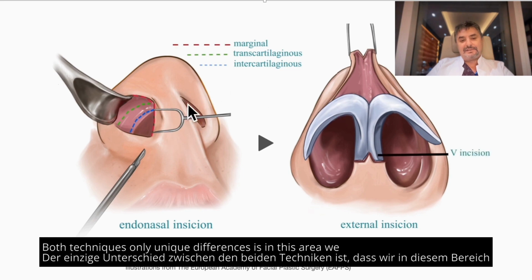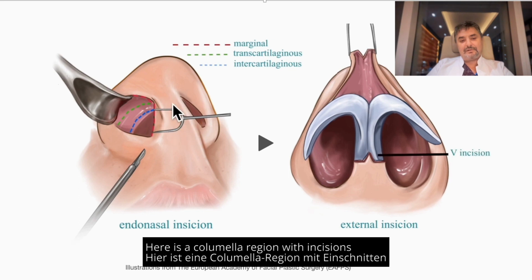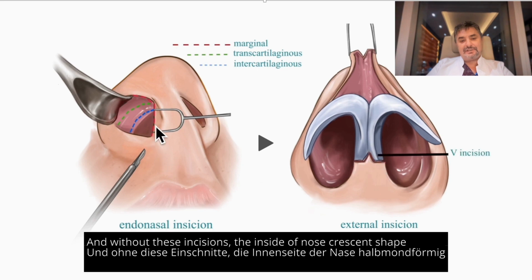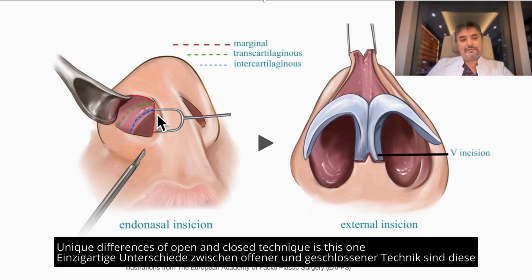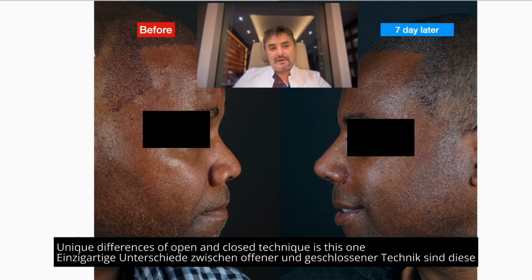The only difference is this area, which we call the columellar region, with incisions, and without these incisions, inside of the nose, crescent shape incisions enter the nose. The unique difference between open and closed technique is this one.